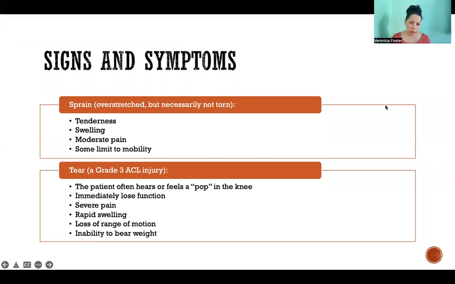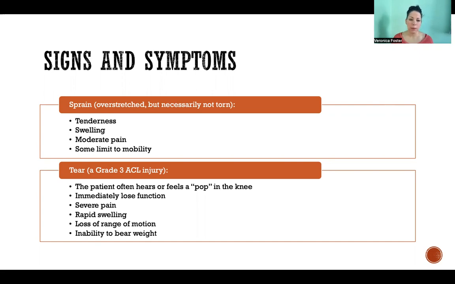So, signs and symptoms of an ACL injury. If it is sprained, meaning that it's overstretched but not necessarily torn, then you will experience tenderness, swelling, some pain, and some limit to mobility, but you should still be able to bear weight and have some amount of motion. If it is a grade 3 ACL injury, meaning that it's torn, then it's a lot more severe.